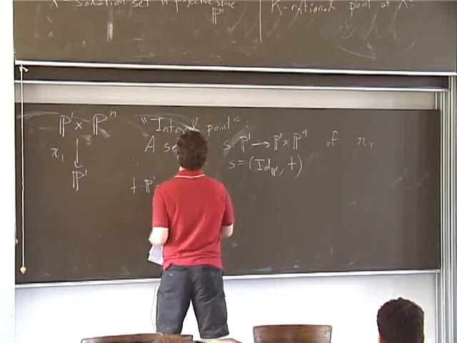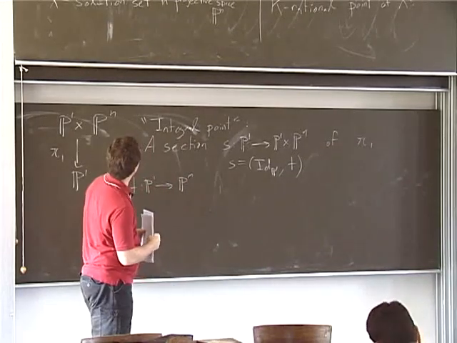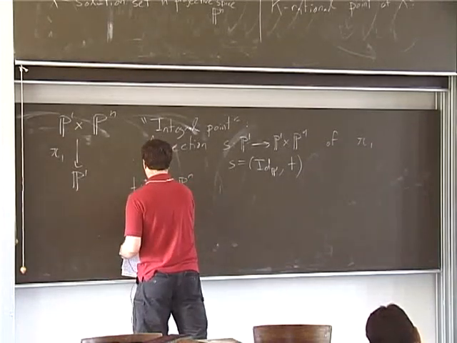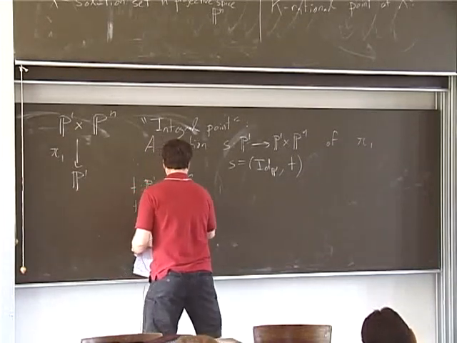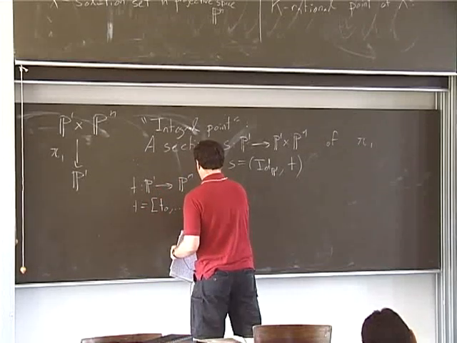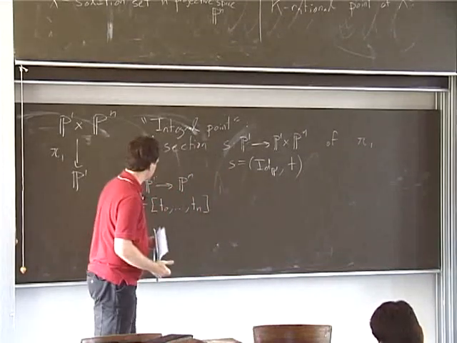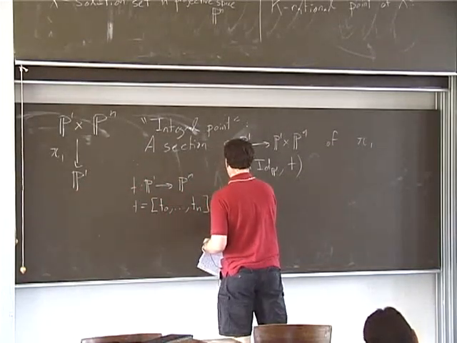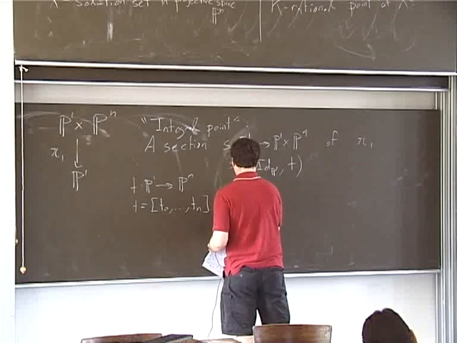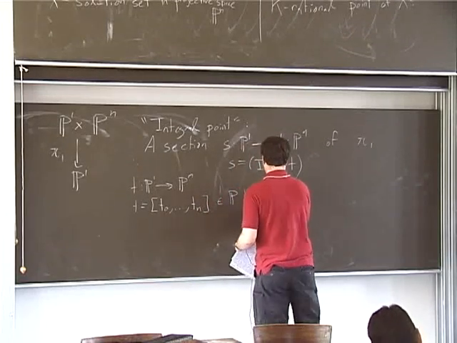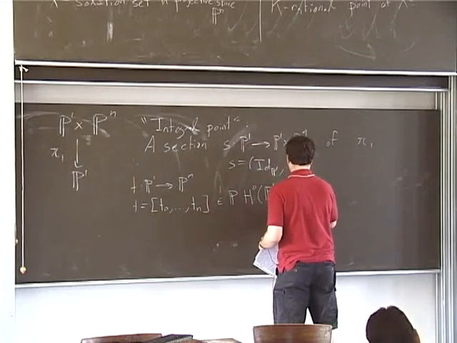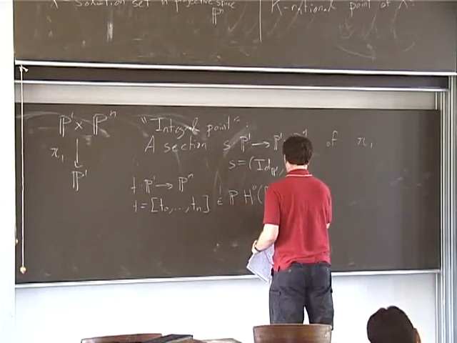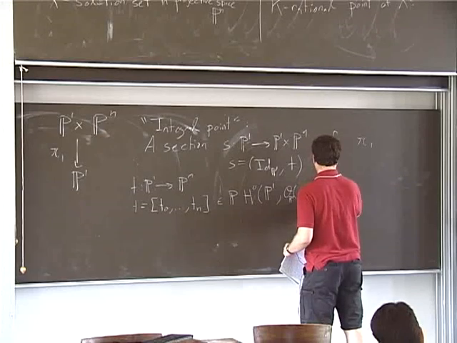Well, Pn is n plus 1 tuples of elements up to scaling, so this map is given by coordinates. I mean, these n plus 1 polynomials on P1, but I only consider it up to scaling. So this is an element inside of the projective space, which technically is something like this on P1, direct sum n plus 1 times.